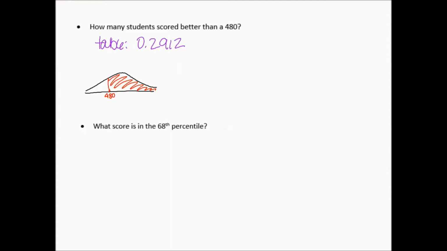The table gives us the probability that somebody scored less than that value. So to find how many students scored better than a 480, we want to do 1 minus that number from the table. And that gives us 0.7088.